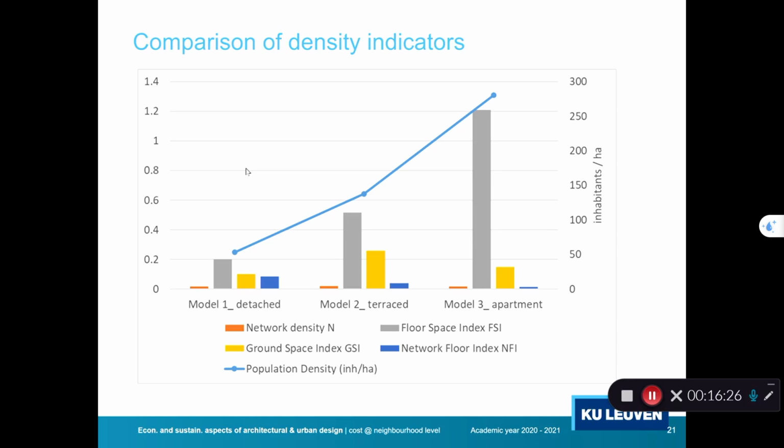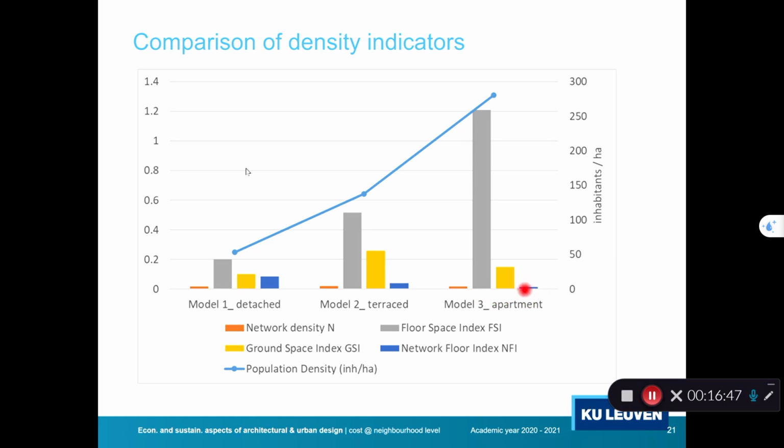And we can see, of course, in an apartment building, while these were all the same more or less, you have many more levels, so it means we have much more built-up area per available land area. So the gray one is very high.